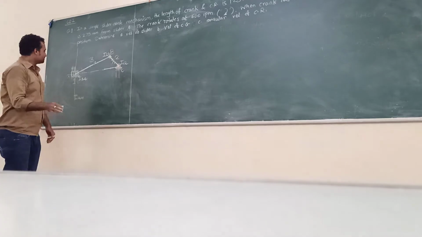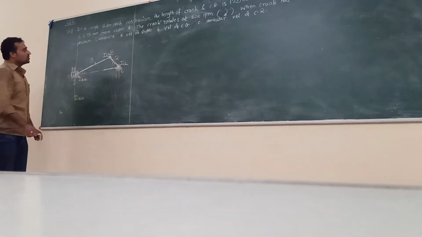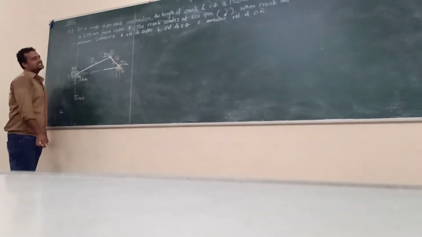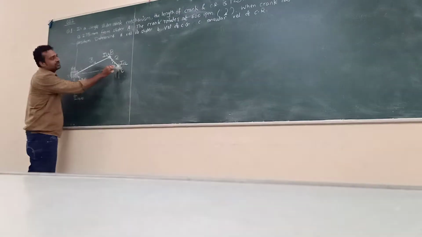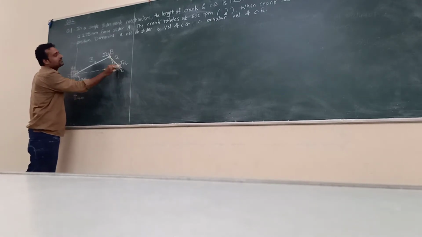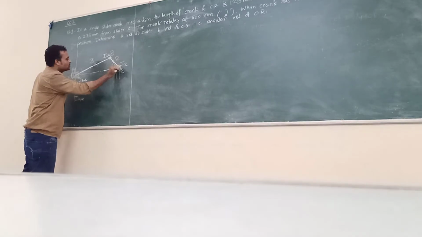Now, for analyzing this mechanism, we have to locate the ICR for each link. Link number 1 is fixed, so we don't have to bother about the ICR of this link. For link number 2, this is fixed, so its ICR is I12.